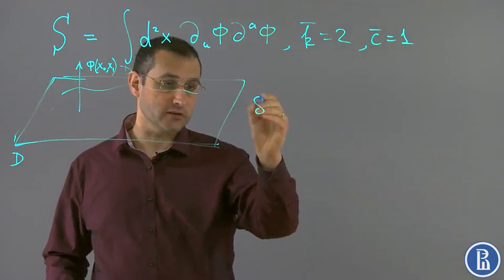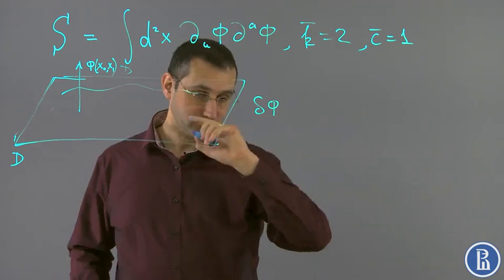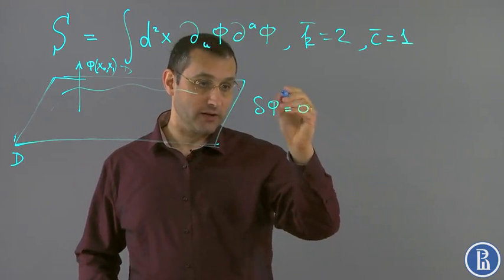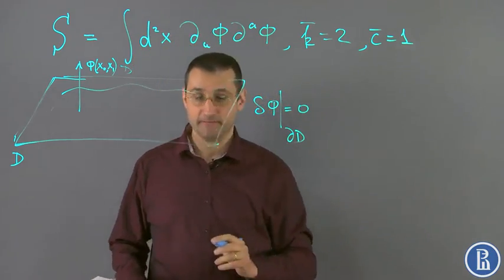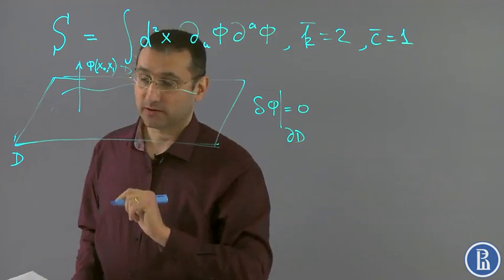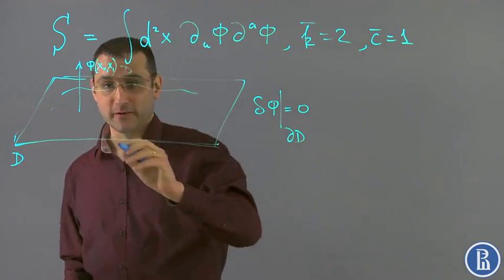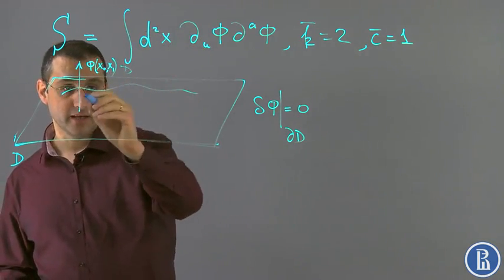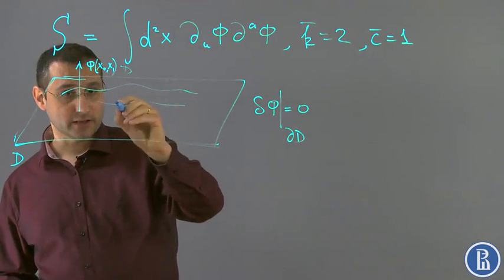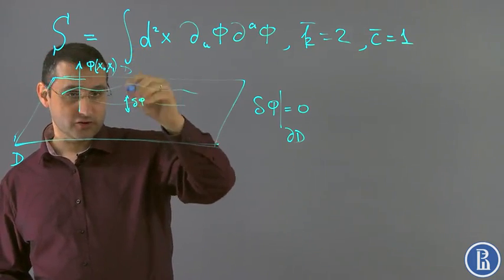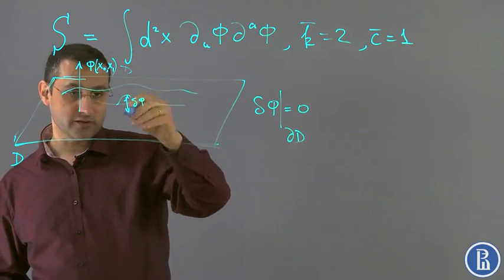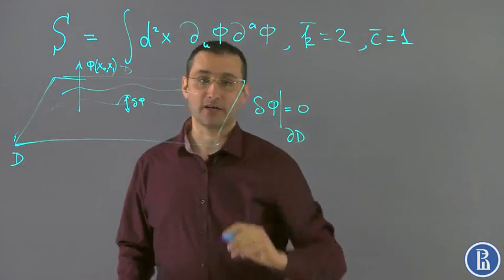So the variation of phi is 0 at the boundary of the region D. What does it mean that we vary? We have some value of phi at every point, and then we deviate it a little bit, delta phi, shift either to this side or to this side, and see how the action is changing.